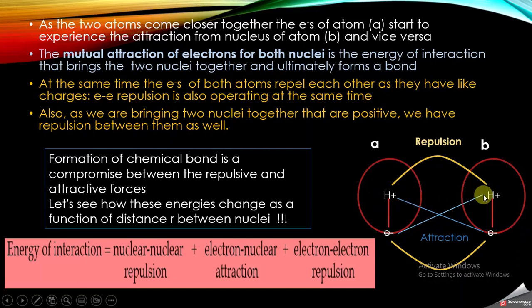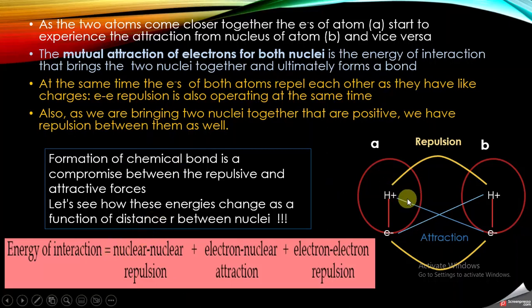When these two atoms come closer together, there is a repulsion between these two positively charged nuclei, that I have represented with this yellow line. Also, because these two electrons are negatively charged, there will be a repulsion between these two electrons as well. So you can see that two more kinds of interactions arise as the two hydrogen atoms A and B come closer to each other.